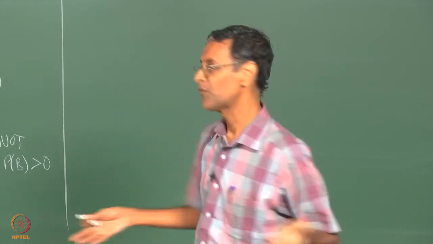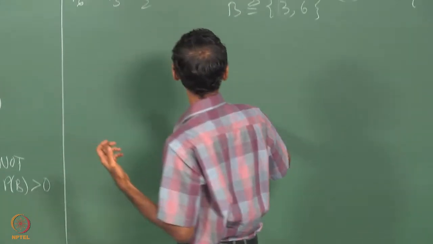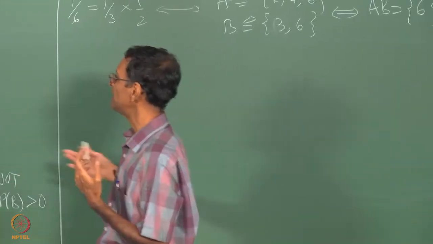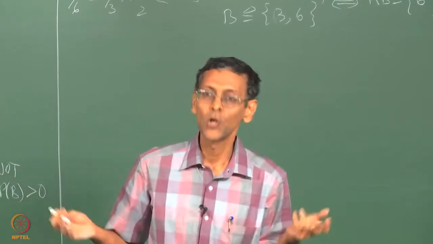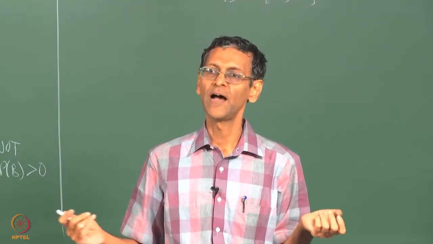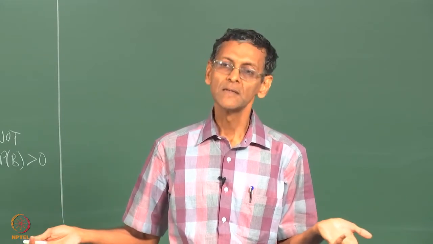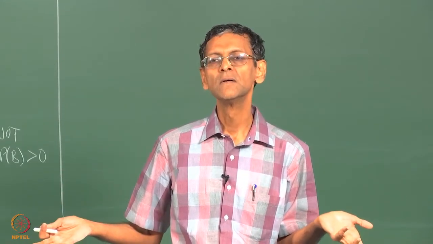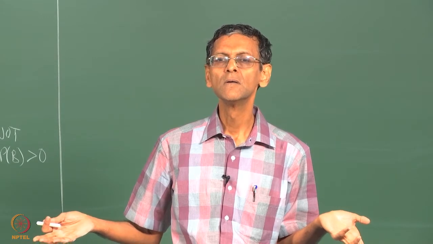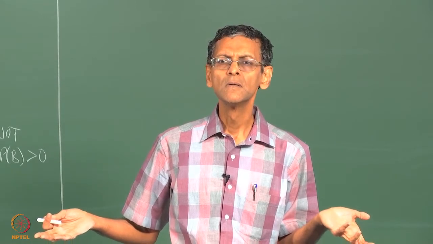Similarly, for example, if I took A to be perfect square and B to be an odd number, then also you get independence. 1, 4 and 1, 3, 5 are independent. Is it possible that probability of A and probability of B are non-zero, but they don't have any intersection and it can still be independent?